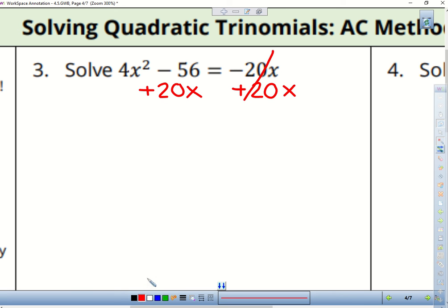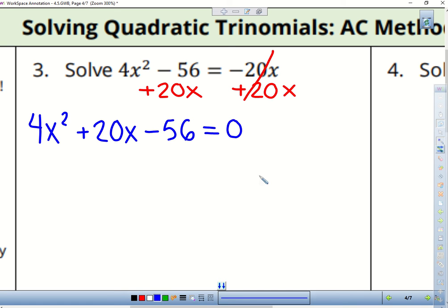And then when you add over the 20x, you need to make sure that it is in standard form. So it's going to be 4x squared plus 20x minus 56 is equal to 0. So does everyone understand why I repositioned it and how I did? It's got to be x squared, x, and then the number.